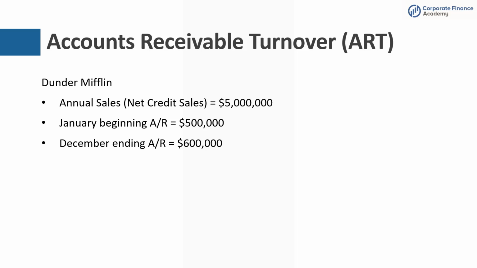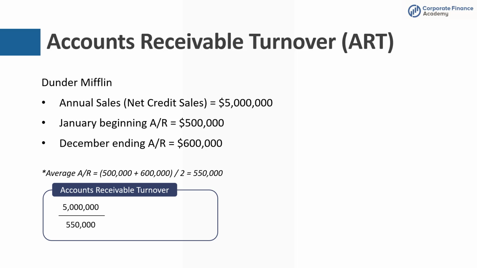And then you have the current year's December ending AR. So beginning of the year was 500,000, end of the year was 600,000. Your average AR is 500,000 plus 600,000 divided by 2, so 550,000. So your formula here is 5 million divided by 550,000 equals 9.1. So you would turn your AR balance just over 9 times.